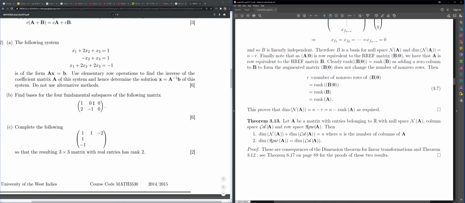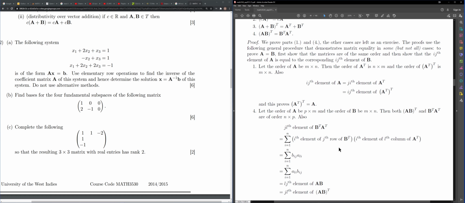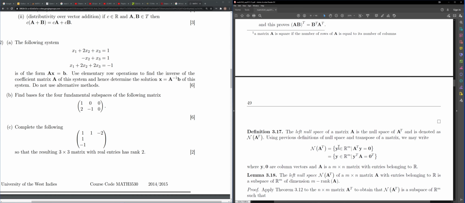Anyway, so I have this matrix over here, and it's asking me for the bases of all four fundamental subspaces. The four fundamental subspaces are null space, column space, row space, and what I'll get to later in the lecture is left null space.